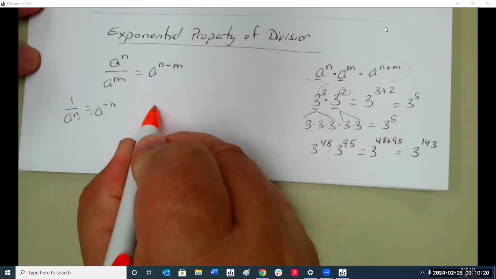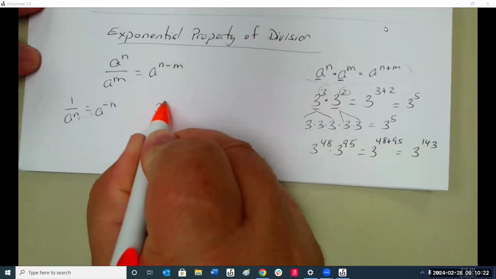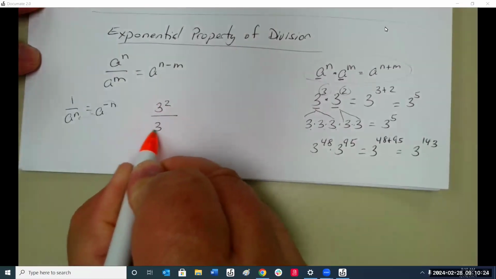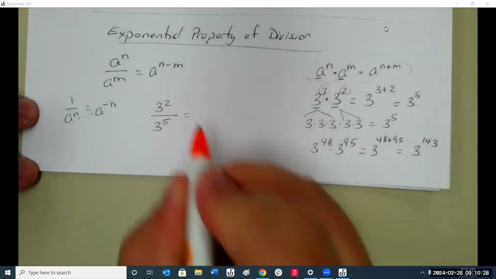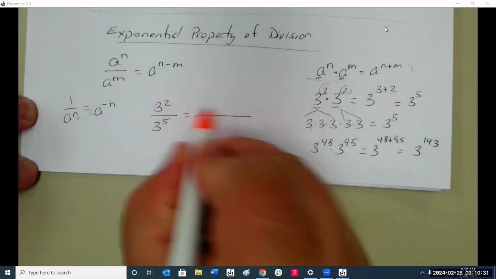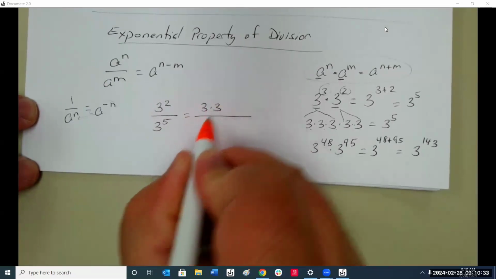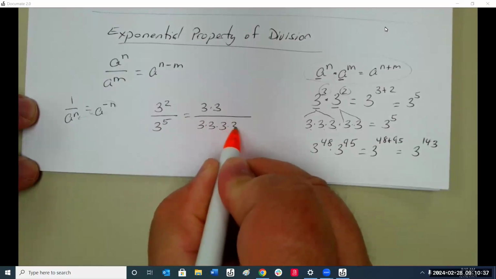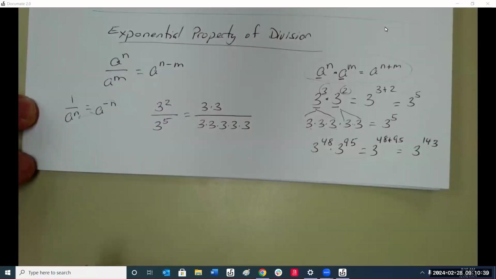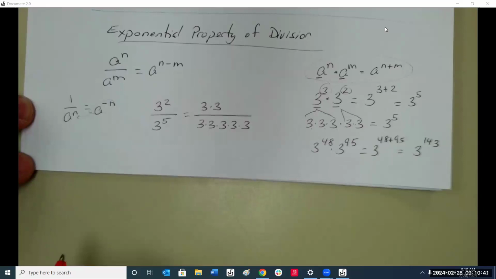How would I prove that? If I had 3 squared, that's 3 times 3. On the bottom, I have 5 3s.